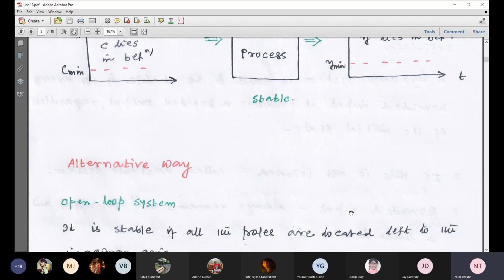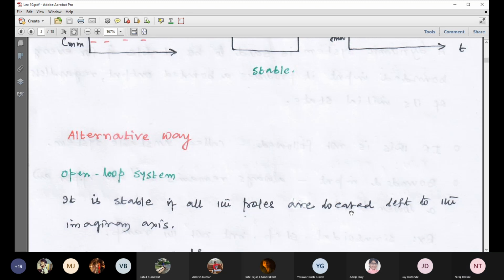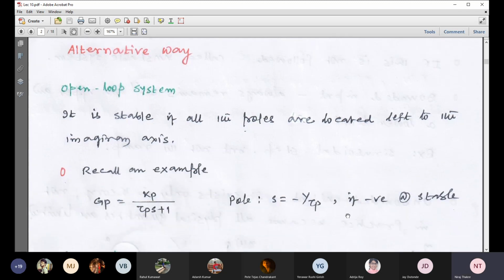that first in the case of open loop system, and in fact just now I told for the open loop case, which we have already discussed, it is stable means all the poles are located left to the imaginary axis.